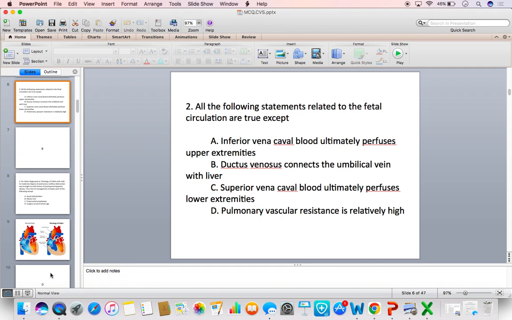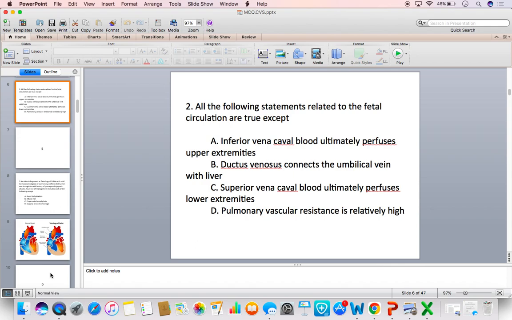Inferior vena cava blood perfuses upper extremities. Is it right? If it is right, how do the upper extremities receive the blood? As you know, upper extremities receive the blood from the common carotid and the subclavian arteries. How do these branches from the arch of the aorta receive the blood from the inferior vena cava?